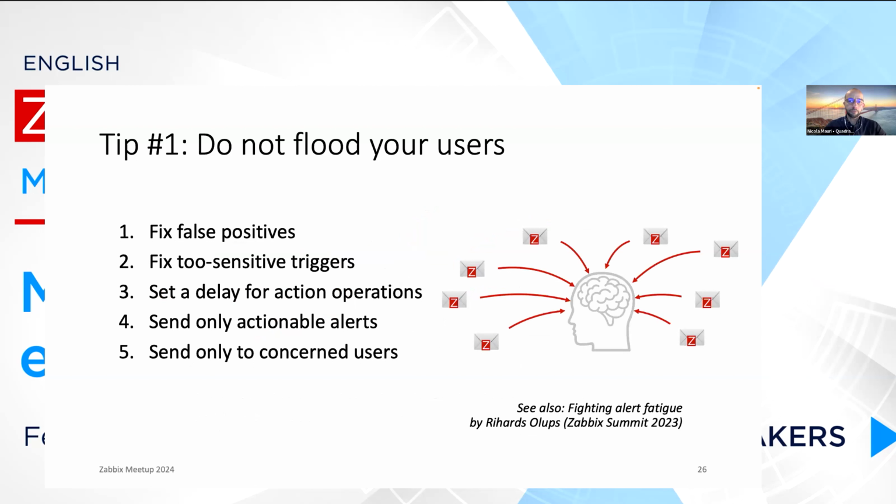So always fix false positives, zero tolerance, and constantly fix false positives. Fix also flapping triggers by using more intelligent functions like max, min, count, and so on.